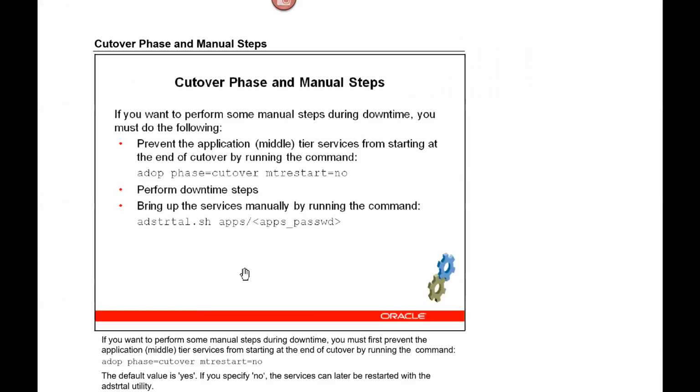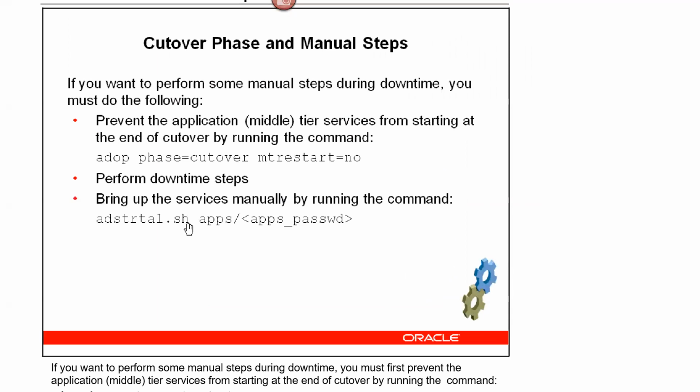Sometimes you can pass a parameter, like if you have been told that you don't want to start the middle tier, then you can say middle tier restart equal to no. If you just don't want to start it for whatever reason, you can say that, and then you need to perform the remaining steps. And after you do a cutover, you need to log out and log in and run the environment file, because the run file system and patch file system will swap their roles. That is the reason why you need to do that. Then you can start the services.